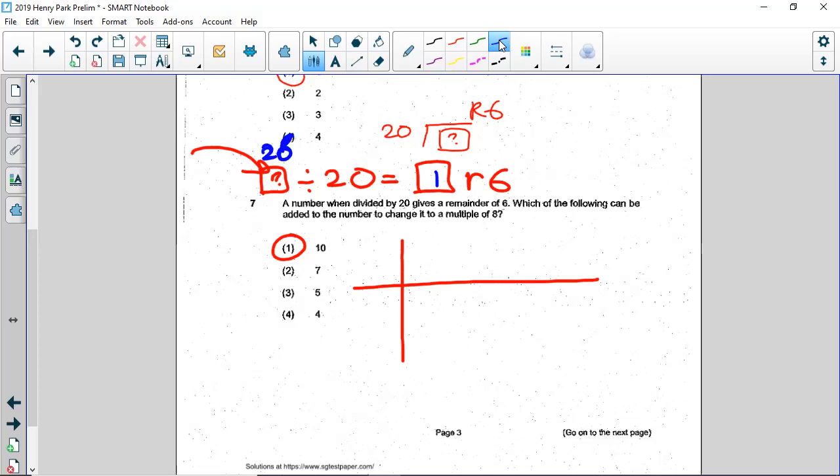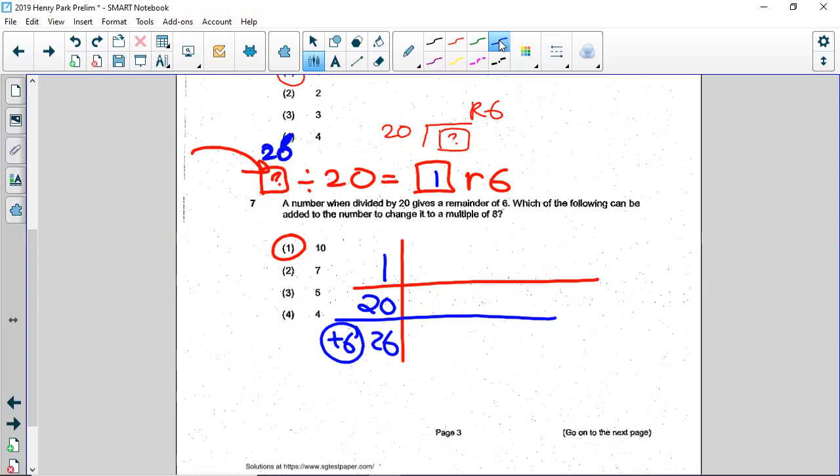Correct. So let's work backwards. 1 times 20, you get 20, and then plus the remainder, that's how you get the question mark. So 1 times 20, plus the remainder 6, you get the question mark, which is 26.